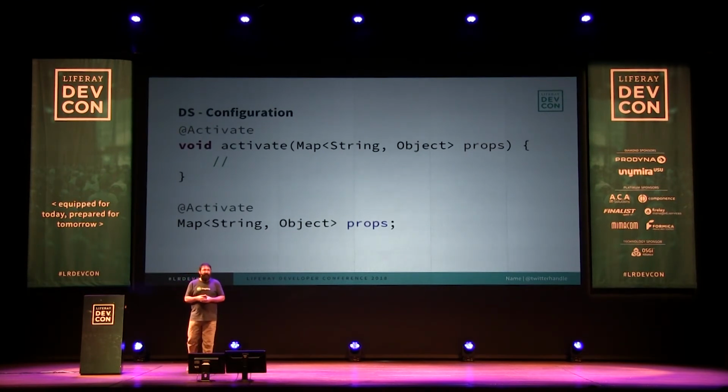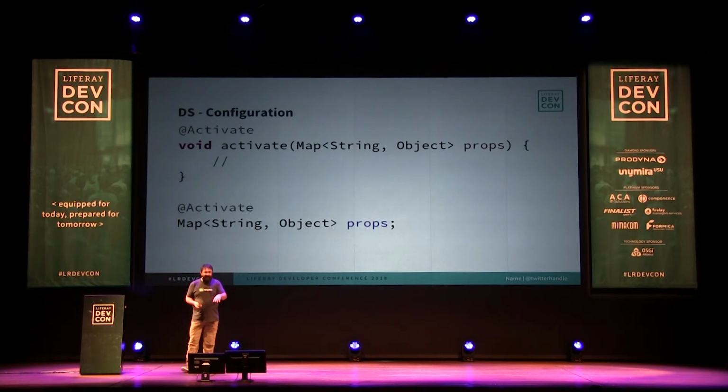configuration. Configuration is super important in OSGi. We have all these bundles. They all have different sets of subsystem code and logic that they all need to be configured. We need to be able to target them. The typical way to do that in DS is to have an activate method that receives the map of properties, and actually in the newest version of DS, you can use an actual type as the argument of the method, which is an annotation, and the map will be coerced into that, so you get type safety, but you still have to have this activate.